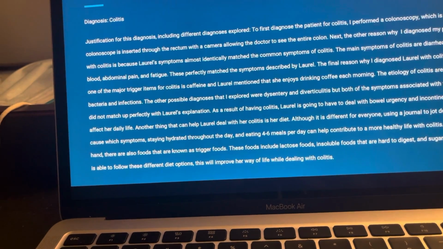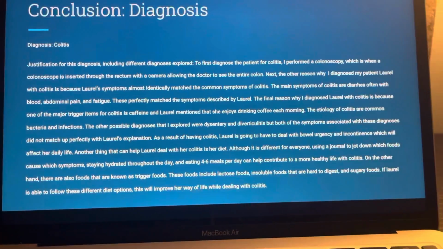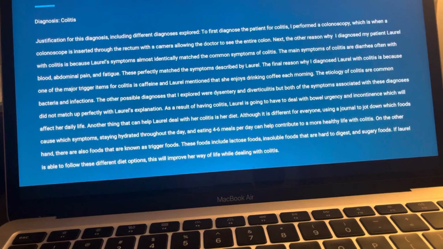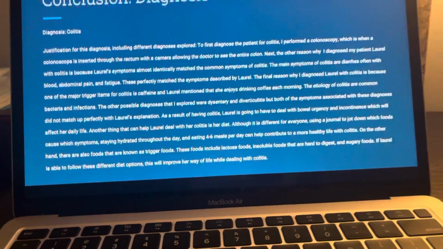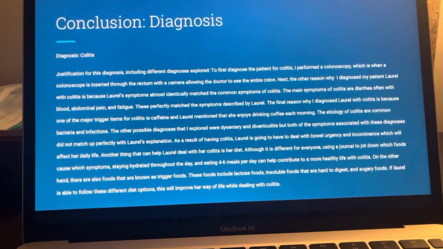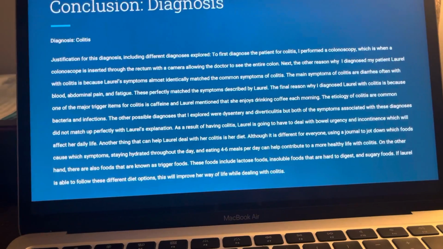The final reason was that one of the major trigger items for colitis is coffee, or rather caffeine. Laurel mentioned in her background information that coffee has been a big part of her life, as she drinks it pretty much every morning. So that could be a cause as well.